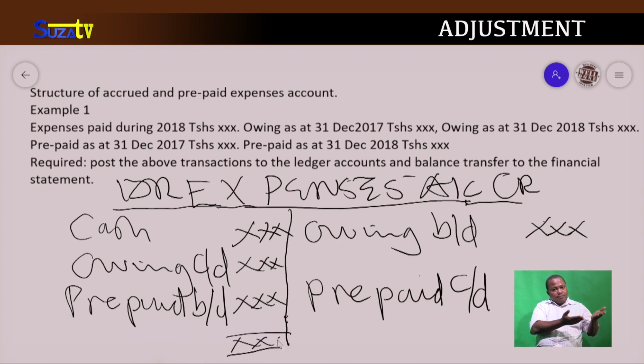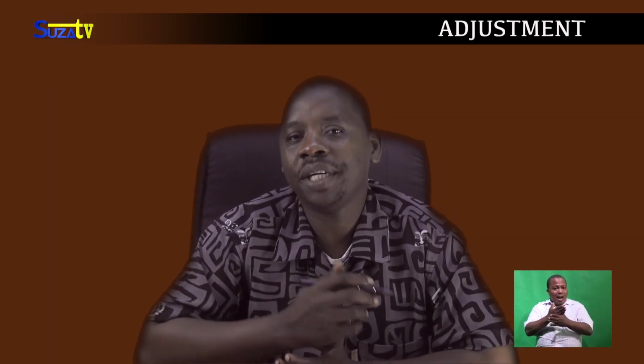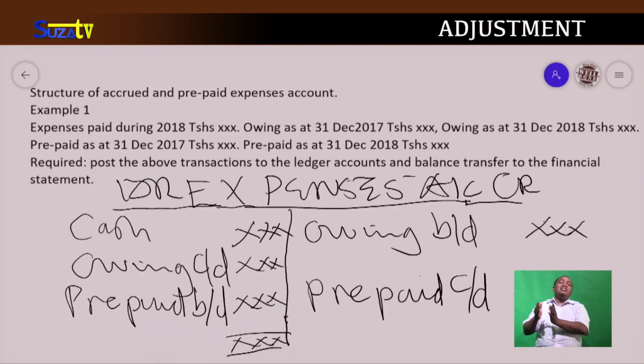You got XX. Always for expenses account, debit side will be greater than the credit side. You take the debit side amount less the credit side amount. You got the amount transferred to P and L. You put it here and then close the account.